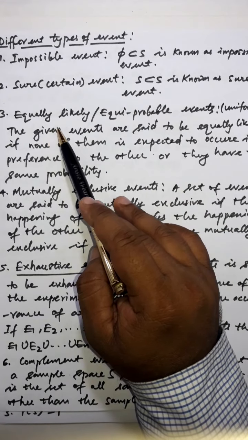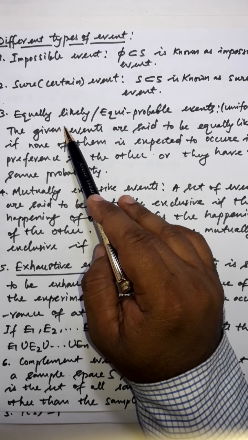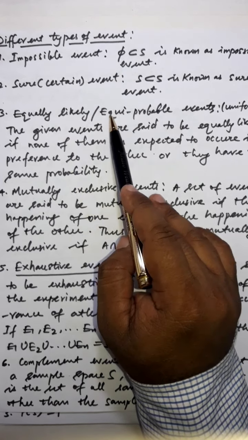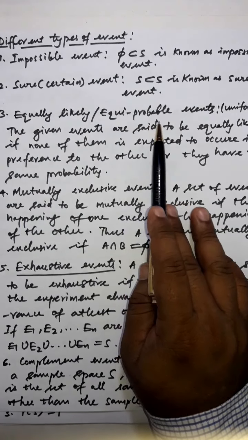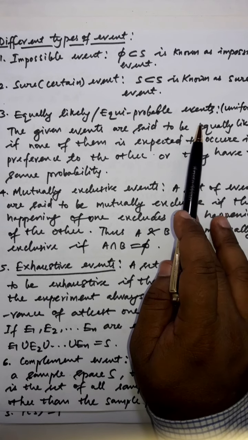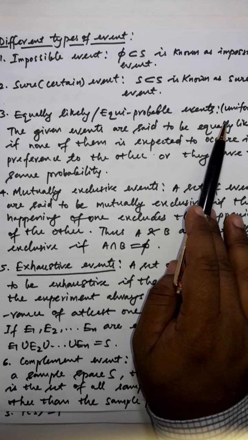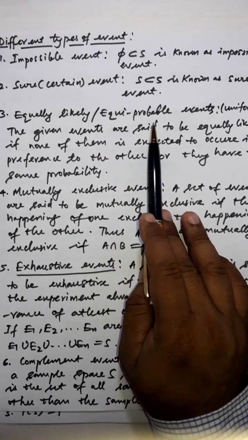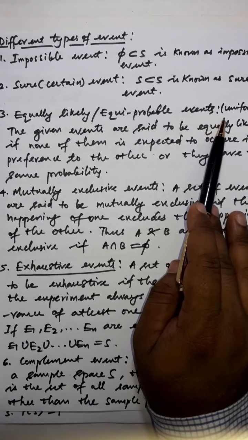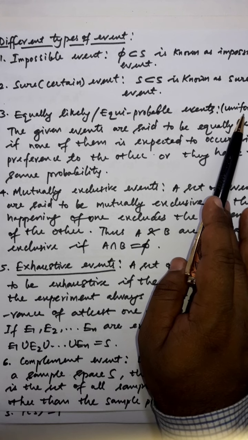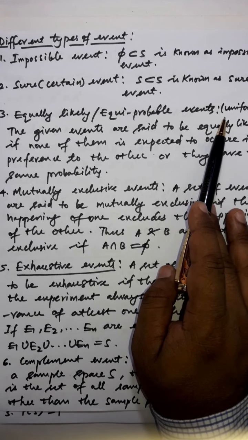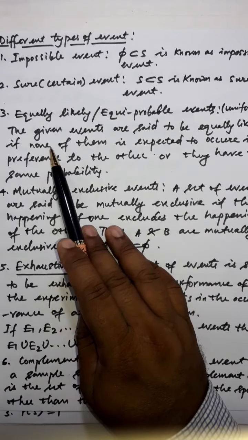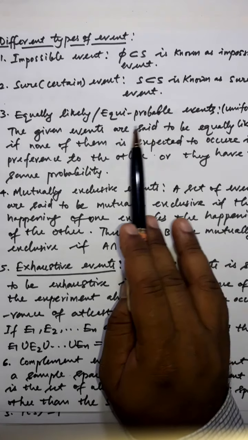Then come to our next term, that is equally likely or equiprobable events. These equally likely or equiprobable events come under uniform spaces. So what are equally likely or equiprobable events?